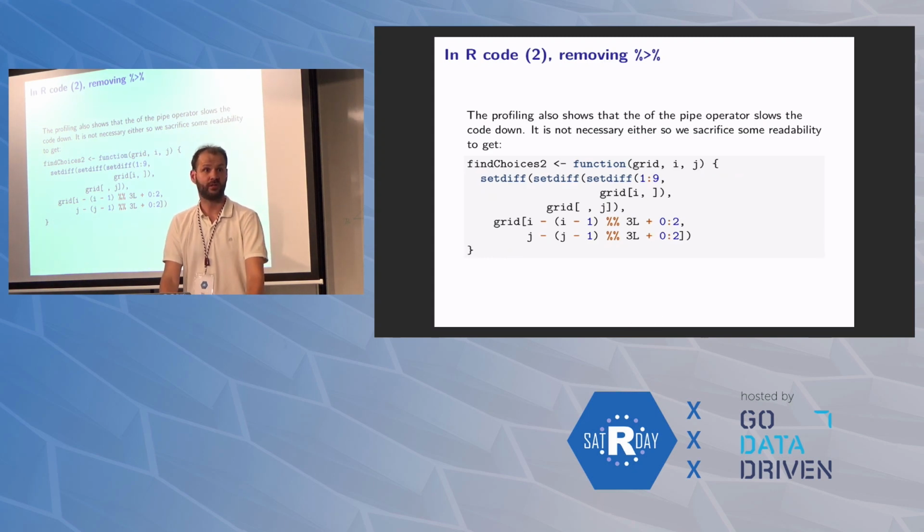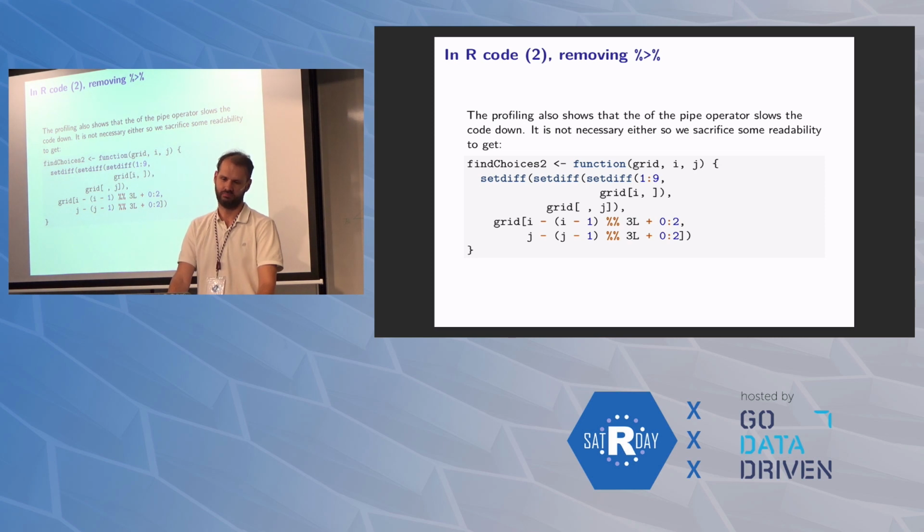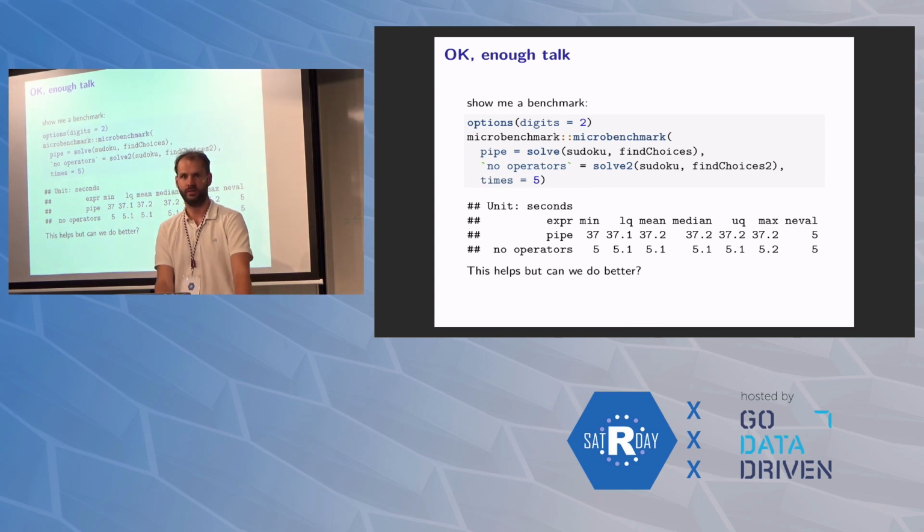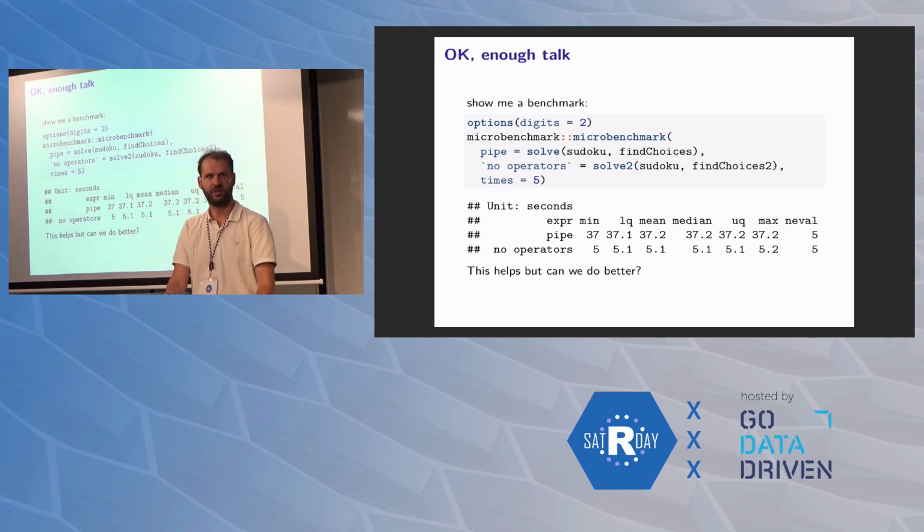Then I did the same for the pipe here, and you see it's a bit more wordy, but it's still, I guess, easy to follow. So then I did a microbenchmark to see what I got for removing those operators, and I see a 7-fold speed up, which is pretty nice, I thought.